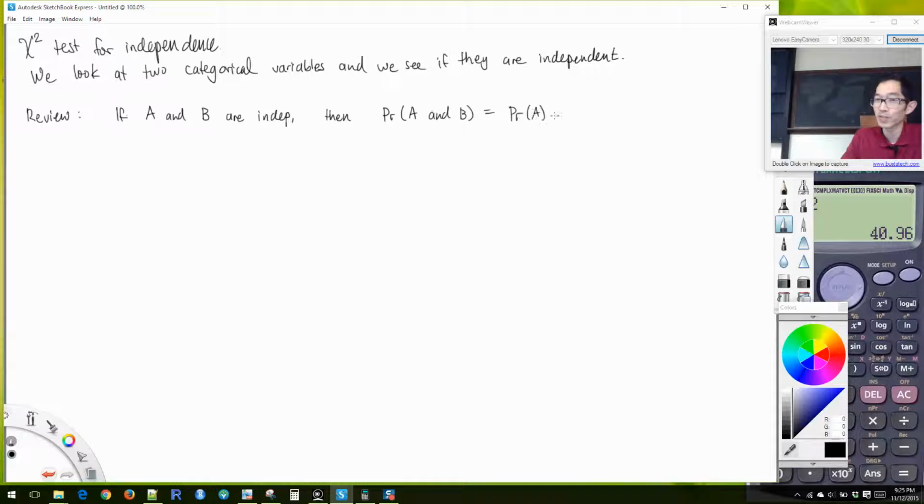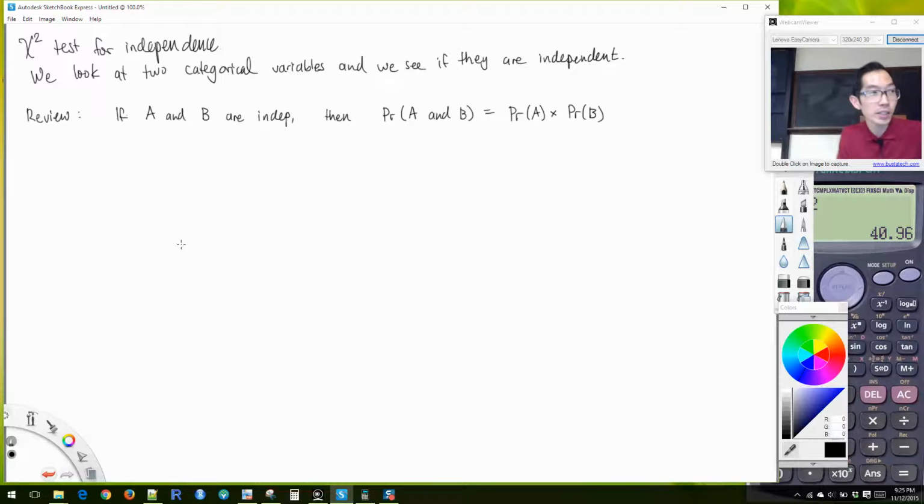The probability of A times the probability of B. Okay? So if flipping the coin the first time has a probability of 0.5 landing heads, and the probability that it flips on heads is 0.5 for the second one because they're independent, then the probability that we will get 2 heads is going to be 0.5 times 0.5, 0.25.